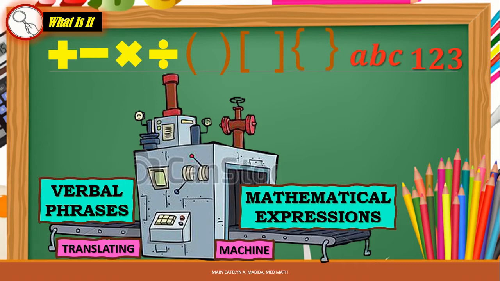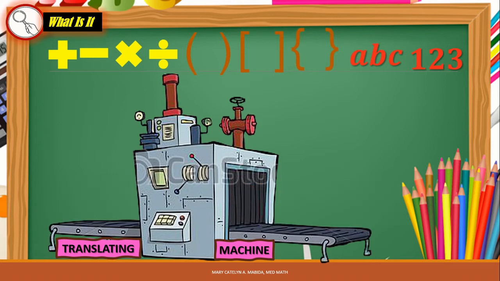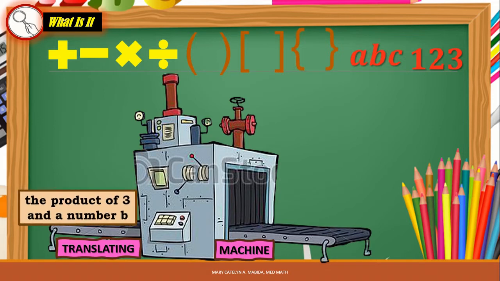Very good. Now, the operation of multiplication can be represented by the multiplication symbol, or by parentheses, or by using a dot, which is written halfway up the factors. For example, the product of 3 and a number b can be written using parentheses, we have 3 inside, in parentheses, we have b inside, or a dot, which is in the middle of your factors and which is halfway up the factors.